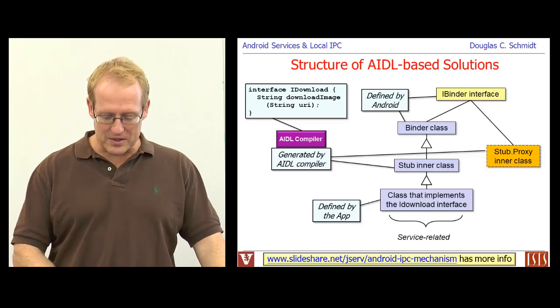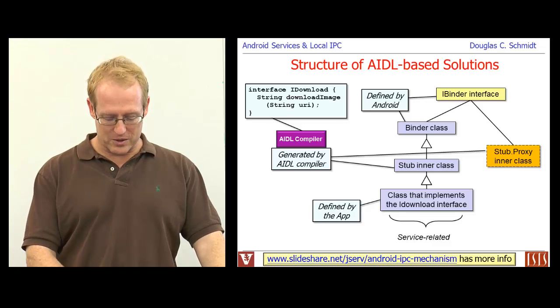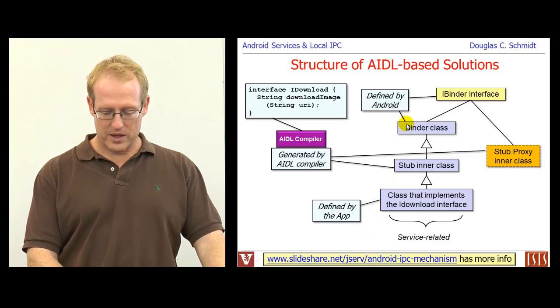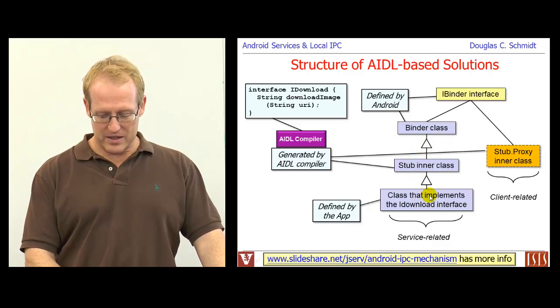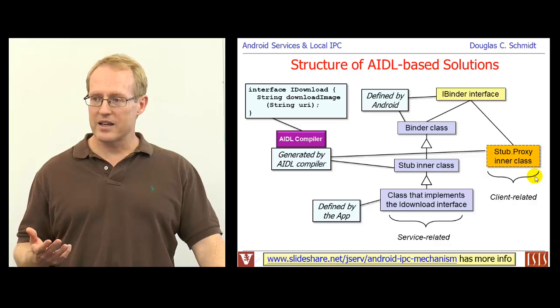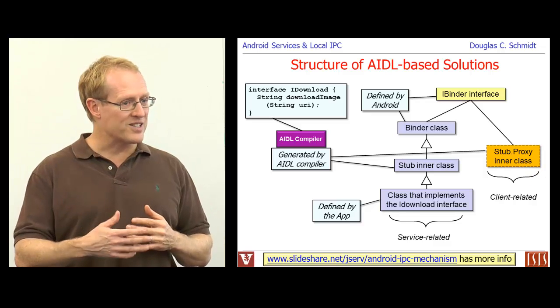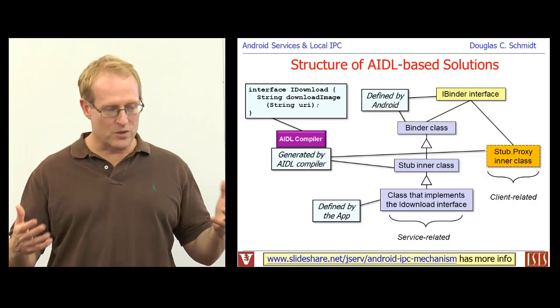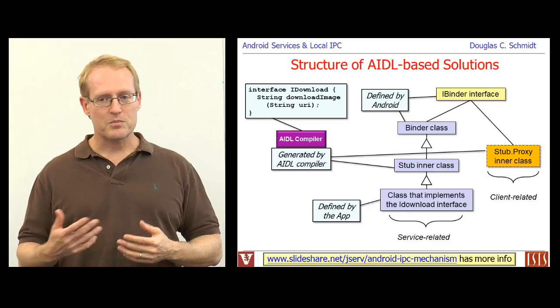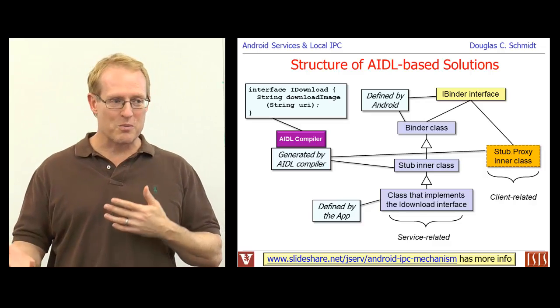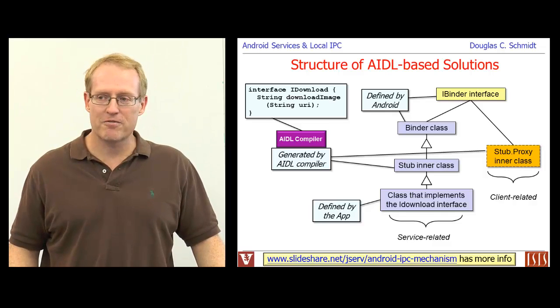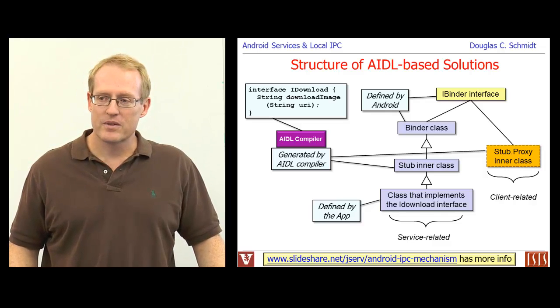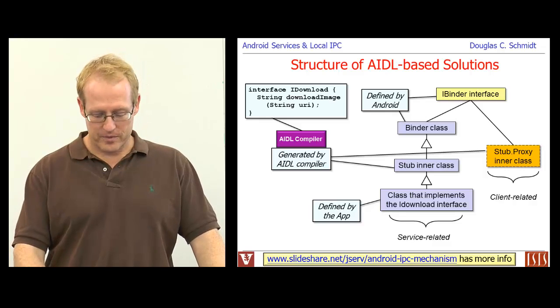And it turns out that this particular hierarchy here, these are all service-related kinds of things. And then the proxy is something that the client uses. So the client uses the proxy. The other service side, the server side, which might be a service, or it may be a callback service, those things are inheriting from the Binder hierarchy.